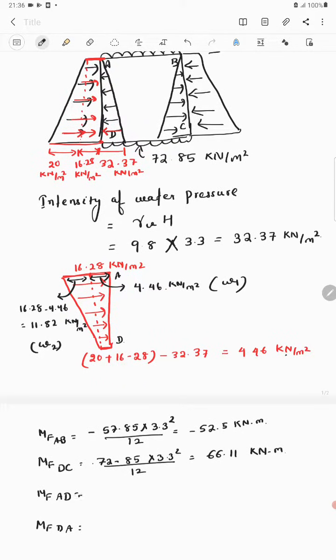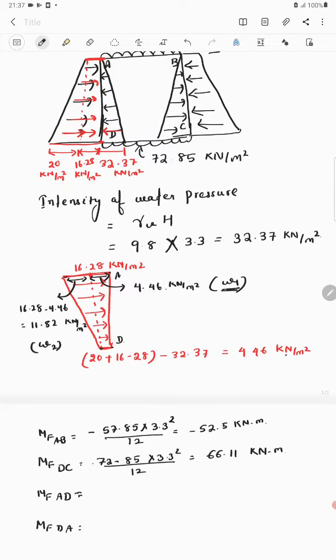Now come to MFAD, fixed moment for AD. We have divided this into two parts: one rectangular, that is uniformly distributed W1, and another triangular load, that is 0 at the bottom and at the top is 11.82. So separately we have to calculate.